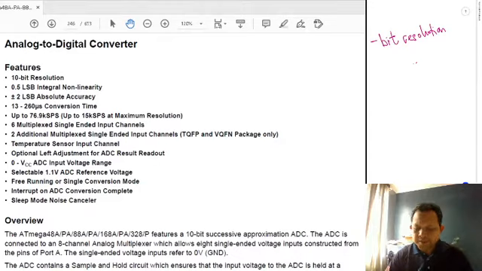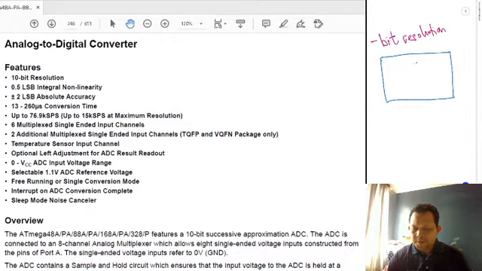For example, you have a signal, something like this. Let's say the signal is an ECG.